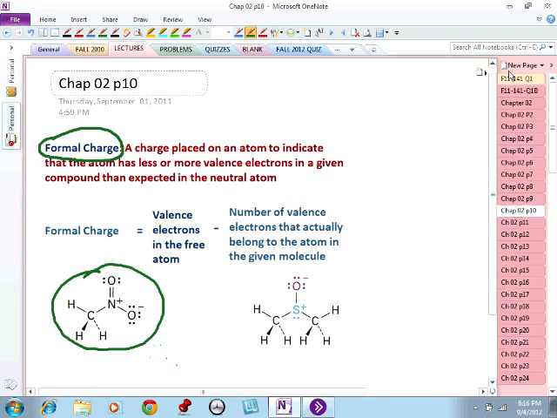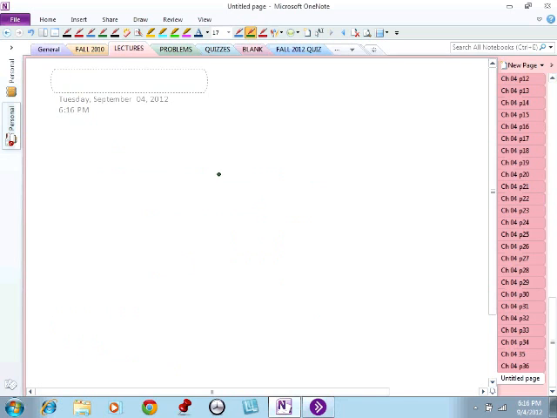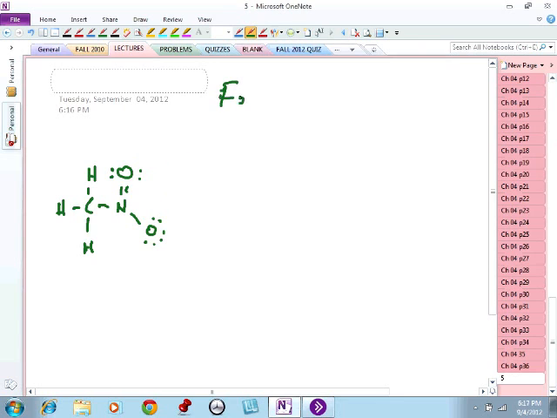So I'm going to go to a blank page to expand on this concept of formal charge. So we have this molecule here. Of course, what we are discussing is formal charge.